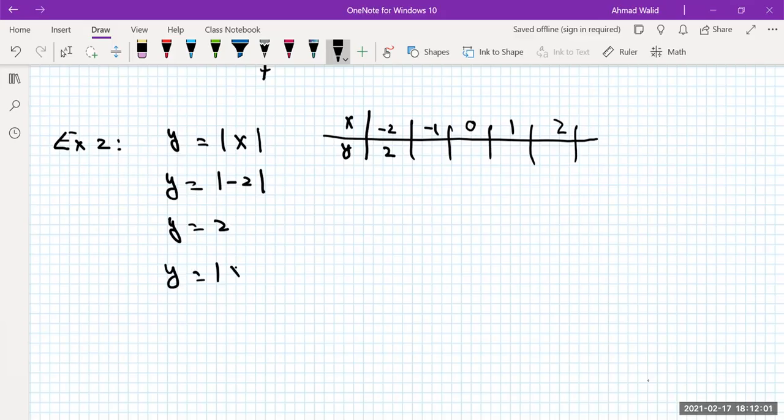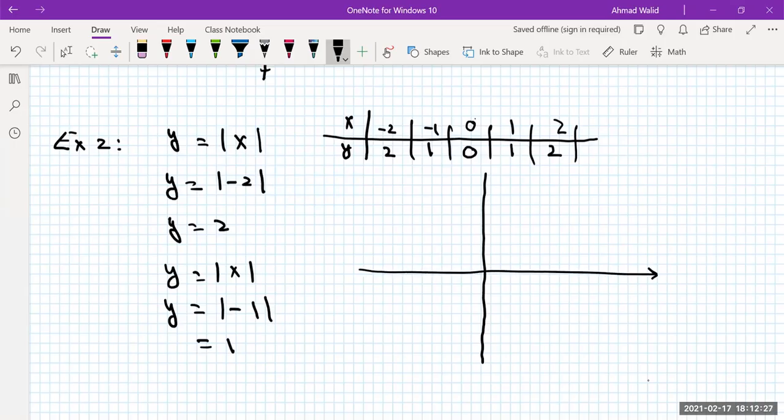Again, y equals the absolute value of x. When x is -1, then y equals the absolute value of -1, which gives you what? 1. The absolute value of 0 gives you 0. The absolute value of 1 is 1. The absolute value of 2 is 2. Correct? Let's graph it. x, y. When x is 0, y is 0 here.